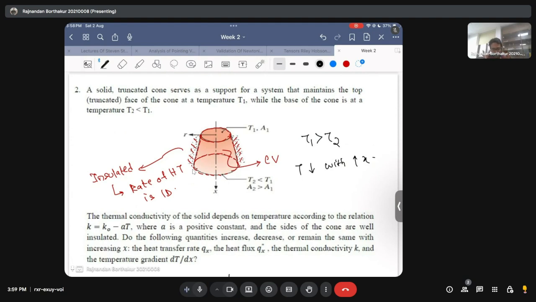Here we did not do any quantitative analysis, but at least qualitatively, by looking at how different quantities vary along x, and by using Fourier's law, we can see how the associated quantities also vary along that particular direction. Okay. Of course, staying in the regime of one-dimensional heat transfer and steady-state analysis. Those are the assumptions that we have already taken into consideration.